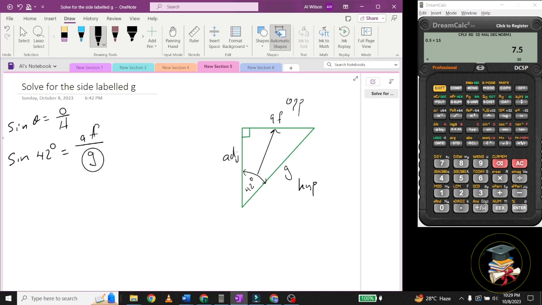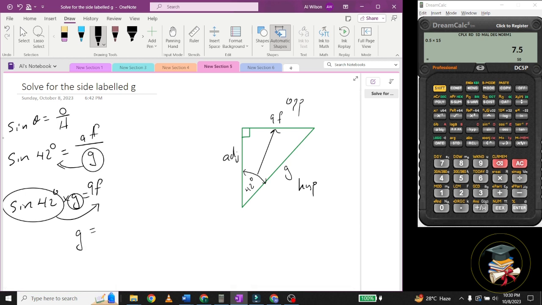So like before, G is going to be transposed to be multiplied by the sine of the angle. Therefore, sine 42 degrees times G is equal to 9 feet. So G is multiplying sine 42. Since it's multiplying, it's going to go over and divide.